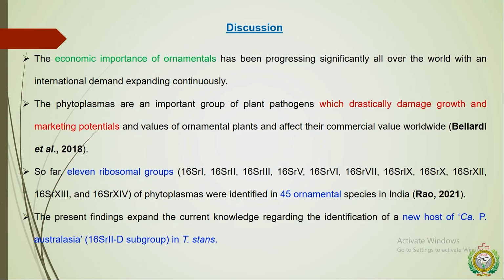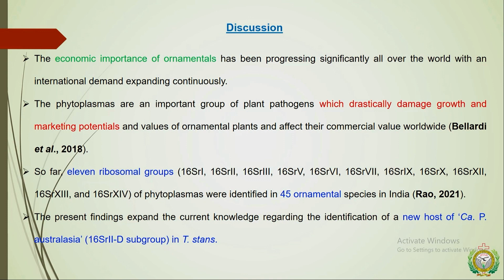Whether it is vegetable or ornamental, if a similar phytoplasma strain is infecting, this is again a very serious epidemiological concern, because regularly in the same field we grow vegetables, then cereals, then other horticulture crops and oil crops, and the insect vectors are common.